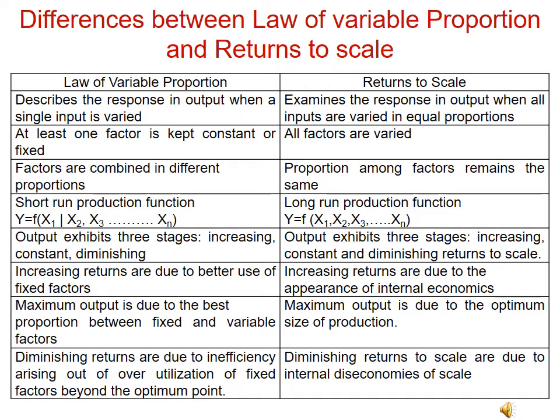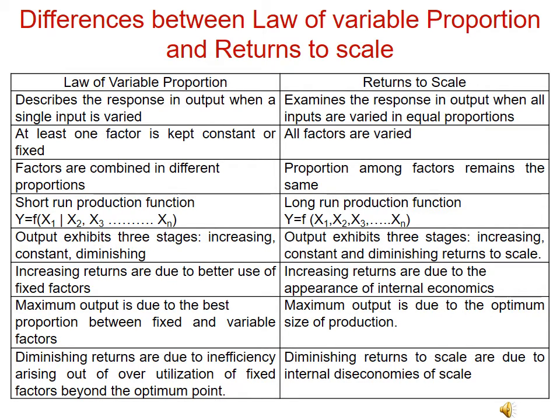Law of variable proportion is always related to the short run production function, where at least one variable is fixed. But returns to scale is related only to long run production function, where all the inputs or factors are variable.